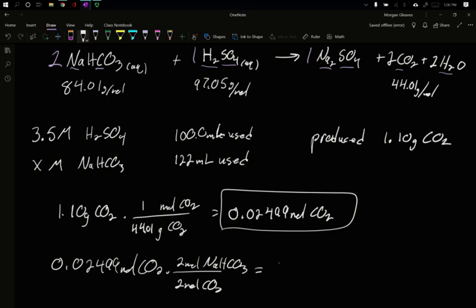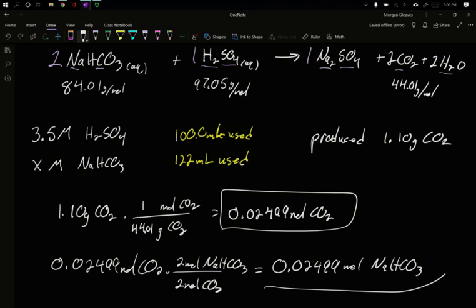So it's the same amount. I must have had 0.02499 mole of sodium bicarbonate. When I reacted that 122 milliliters of sodium bicarbonate with the sulfuric acid, it produced this much CO2. So by knowing the CO2 I made, I can solve the amount of bicarbonate that must have reacted.